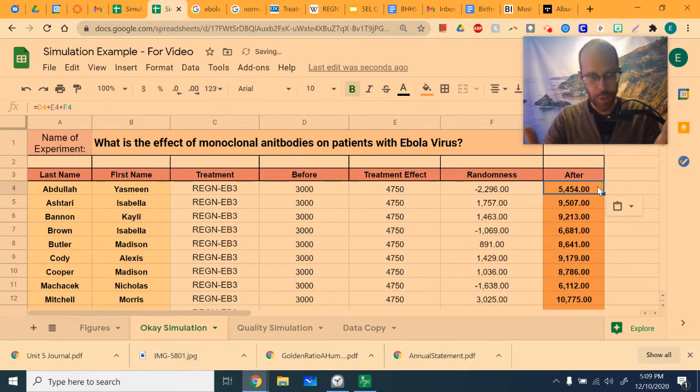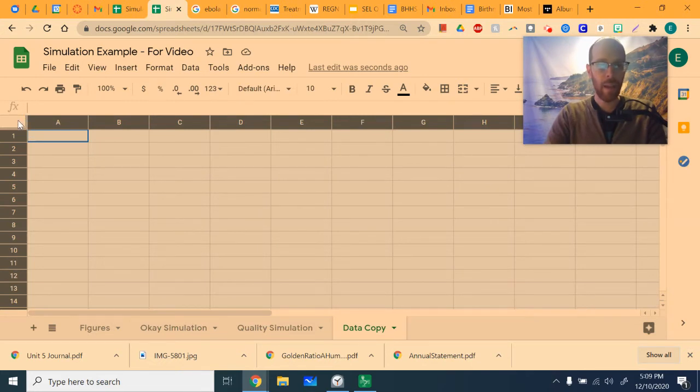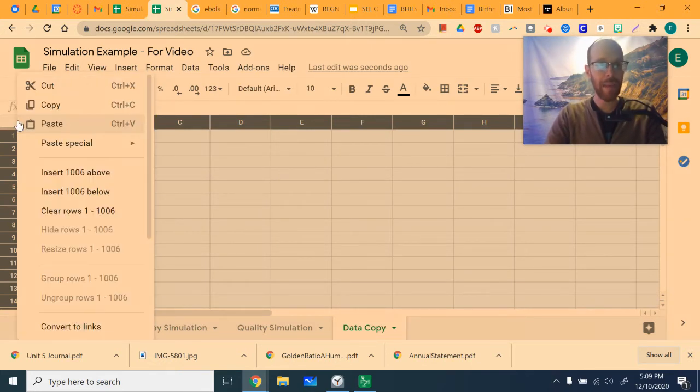So what we want you to do is leave this simulation here and then make a copy of it. And the way you make a copy of it is not by duplicating, but by clicking in the upper left-hand corner, copying each cell. I just hit Control Copy. And then you're going to go to Data Copy here, and you're going to paste.